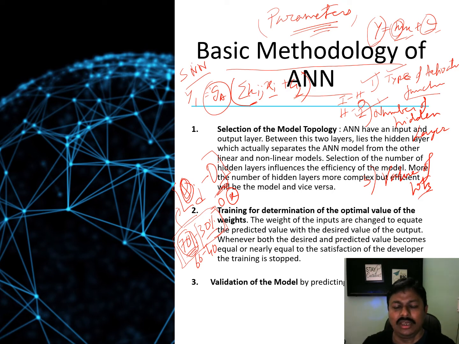So here you see now the steps. Selection of model topology. That means how many hidden layers you want to use, and what will be your type of activation function, whether it will be sinusoidal, sigmoidal, or exponential. The procedure is iterative.